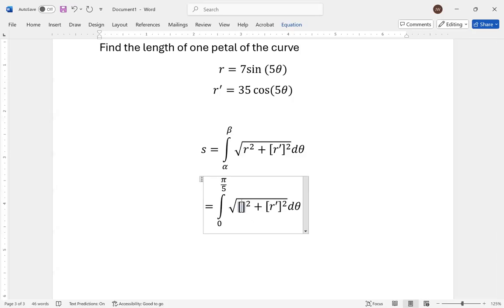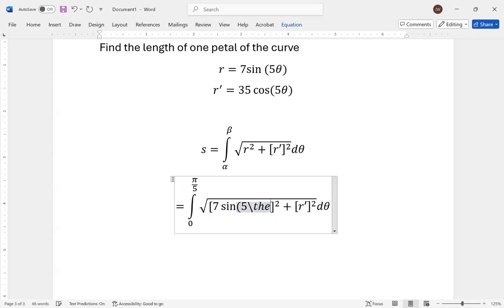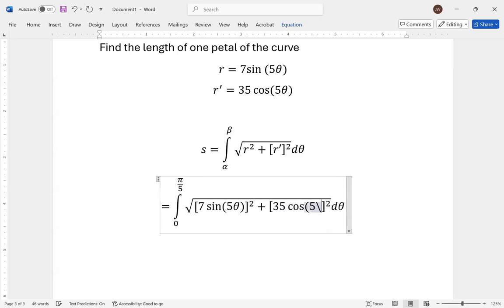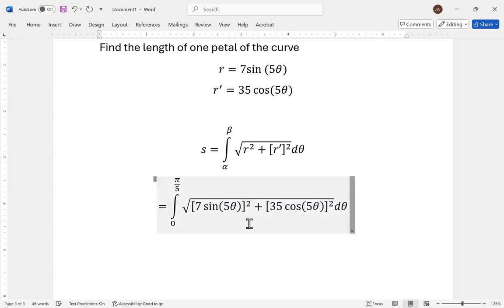The r squared is going to be 7 times sine of 5 theta, quantity squared. R prime is going to be 35 times cosine of 5 theta, quantity squared. So that's the arc length.